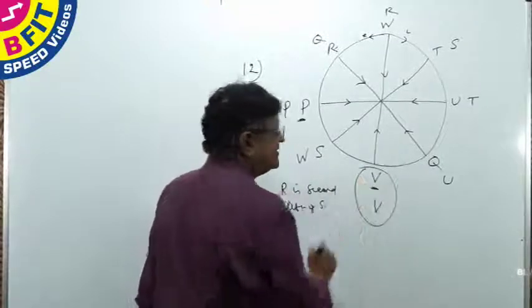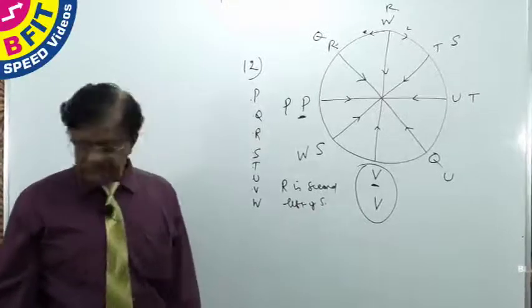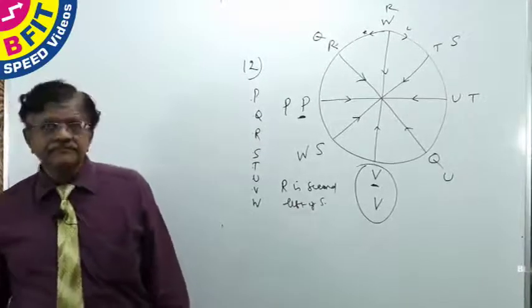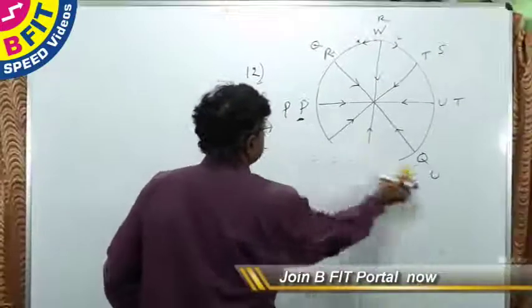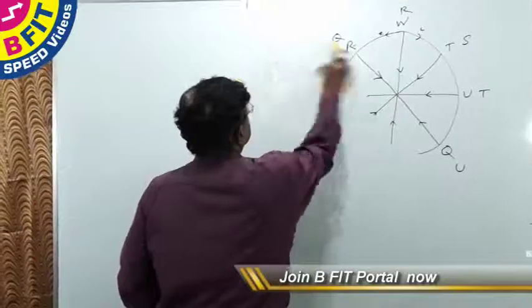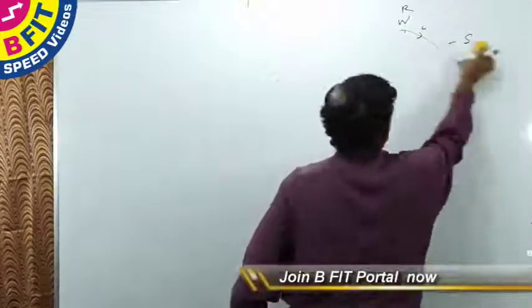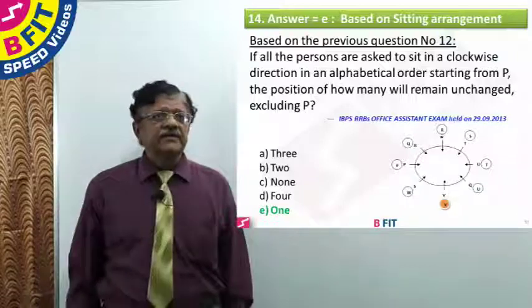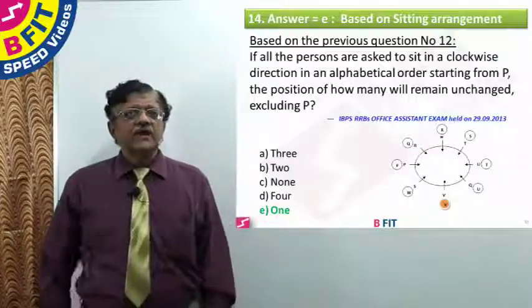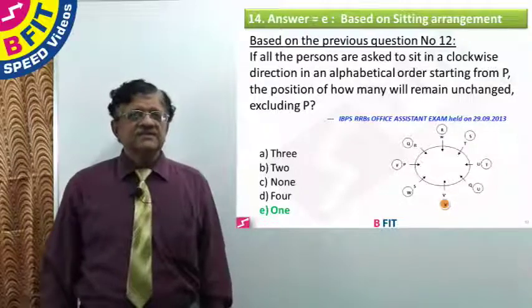It is V. V's position is remaining unchanged. Now the answer for question number 14 is option E. Only one person's position remains unchanged, that is V.